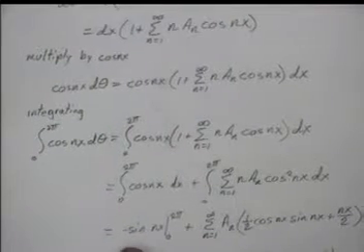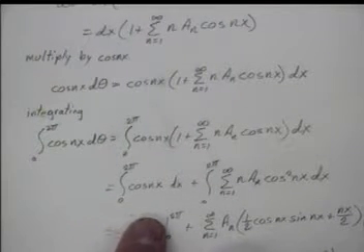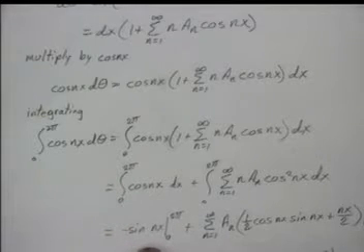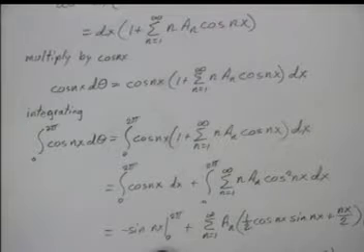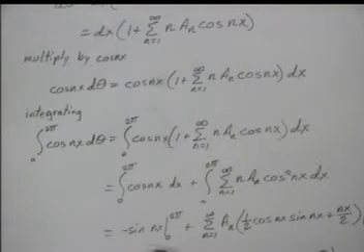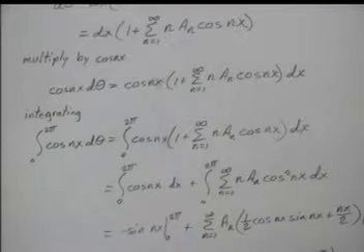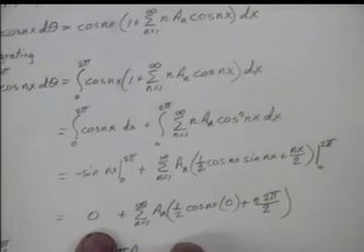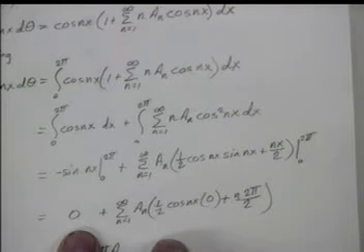Now if we were to complete the integration of cosine nx dx, we get sine nx evaluated from 0 to 2 pi. And when we evaluate that from 0 to 2 pi, we get this value 0.